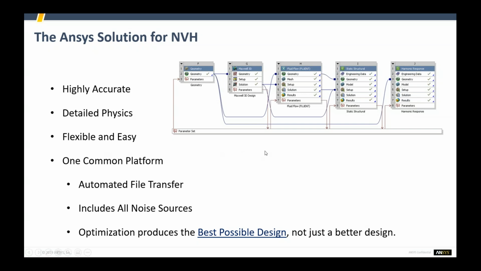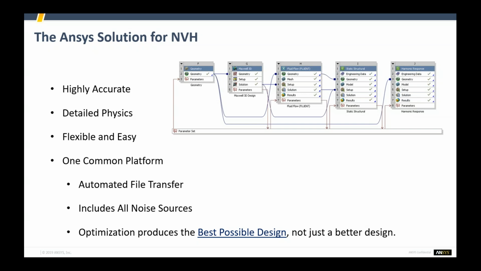And by using Ansys, you're using one common platform. We call it Workbench. So this one common platform gives you some of the benefits, such as automated file transfer. Once you have a geometry ready, this geometry is shared between all physics, so you don't have to read and transfer the geometry.